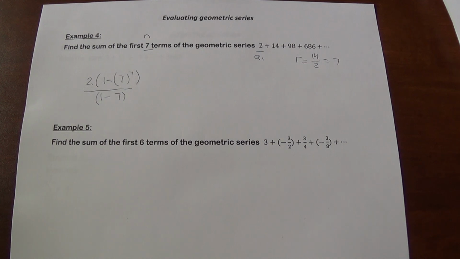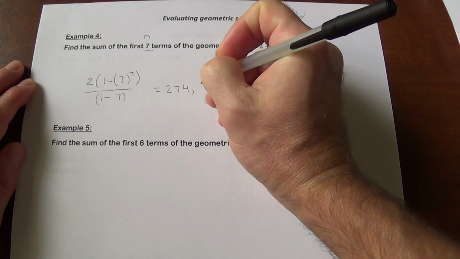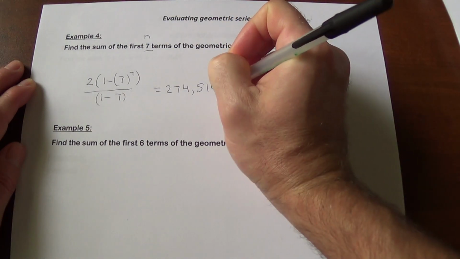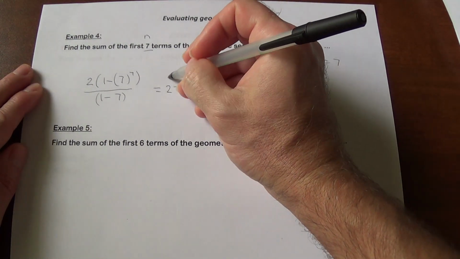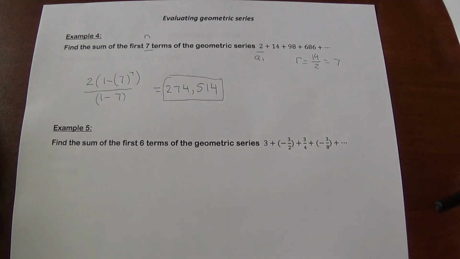Type it in the calculator. And that's going to give us 274,514. Pretty large, but as we know, geometric sequences can have terms that go up very fast.